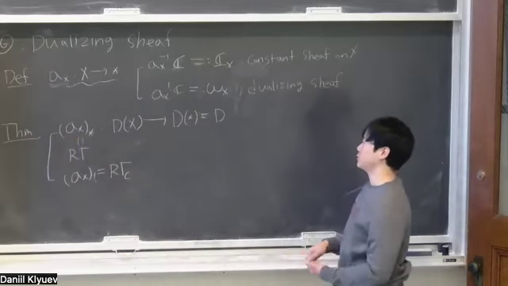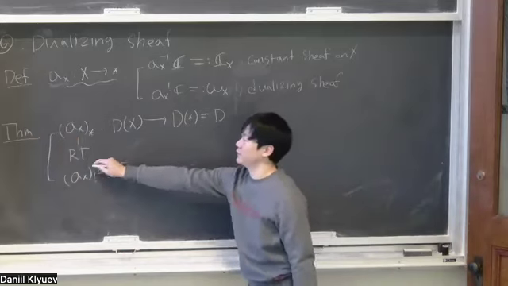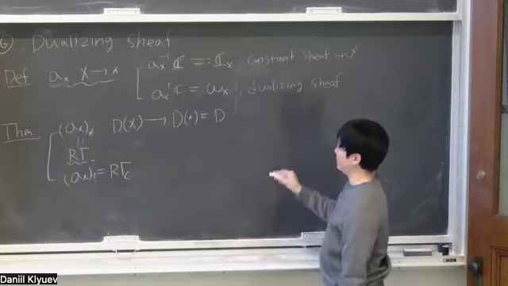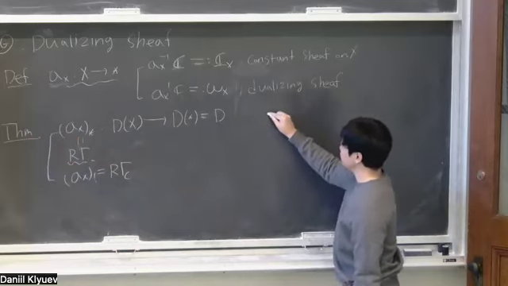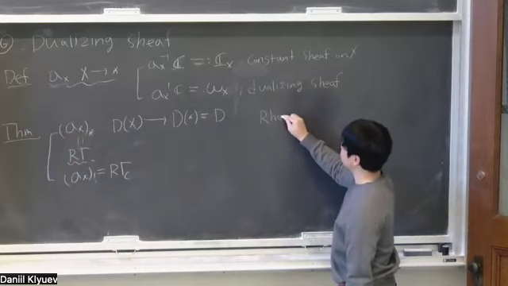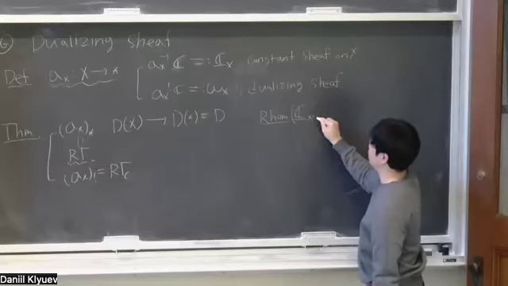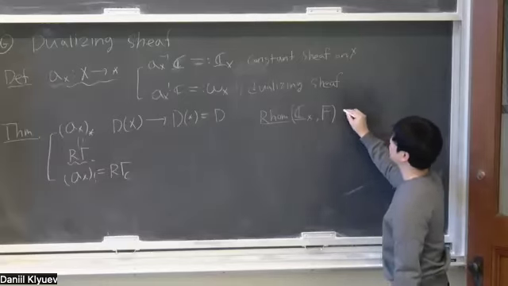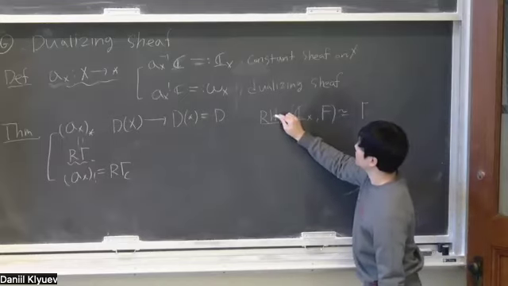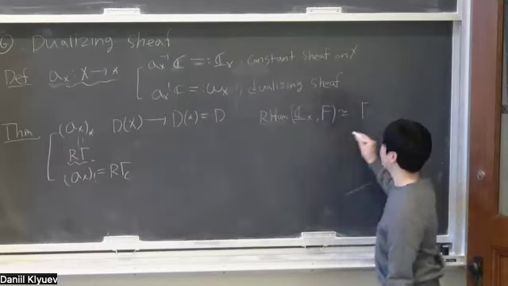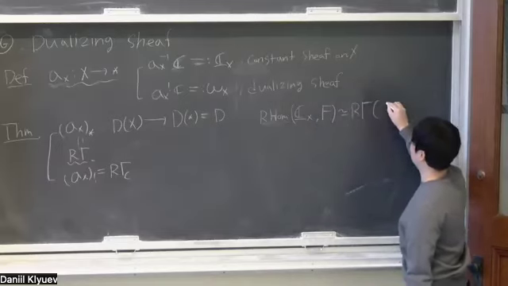There are also other ways to formulate the derived global section functor. Namely, we have Hom from the constant sheaf to F, isomorphic to the global section functor.